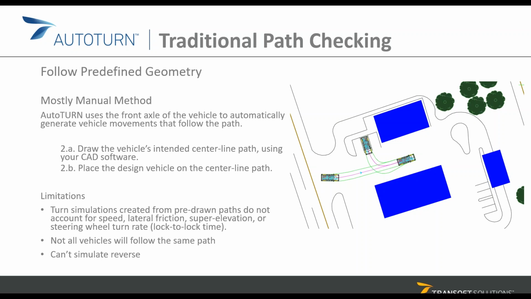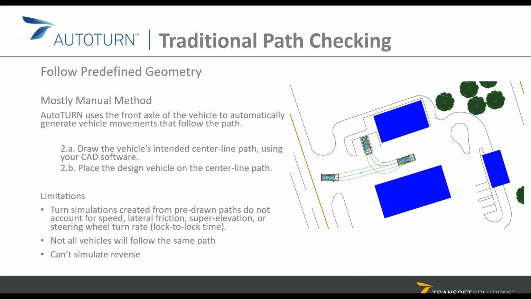The second key element to keep in mind when you're using predefined paths is that when you generate a simulation using AutoTURN, there's no speed for that simulation, or what we use in the software is a very low speed, about 1 mile per hour. Essentially all we're doing is checking the turning characteristics of the vehicle versus that path.